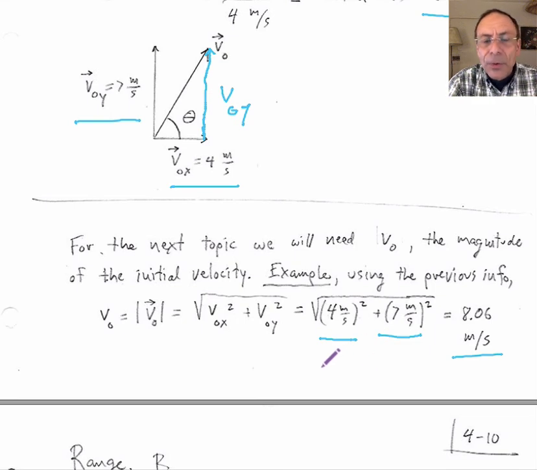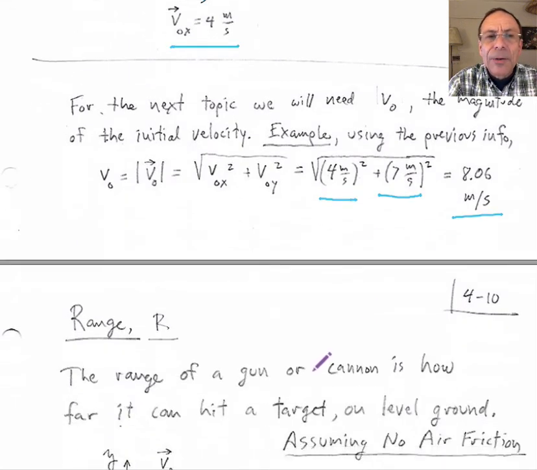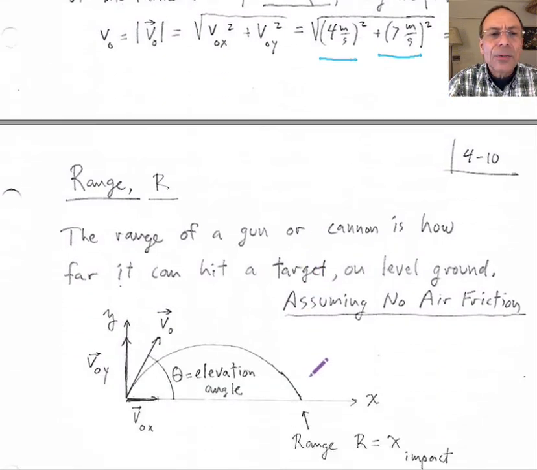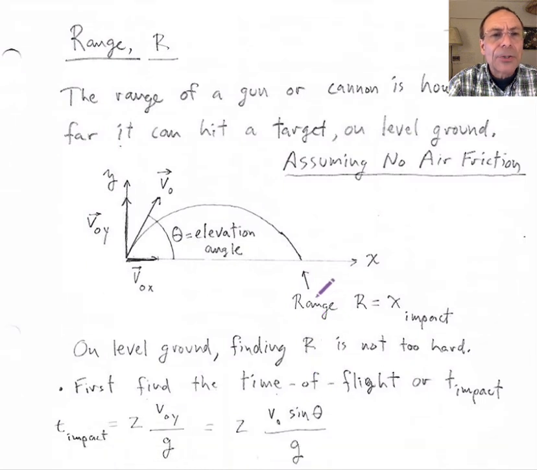All right, so now that we've got the angle and we've got the initial velocity, we can now talk about the range formula. So how far your gun fires, that's called the range of your weapon. Okay, so here's our elevation angle.